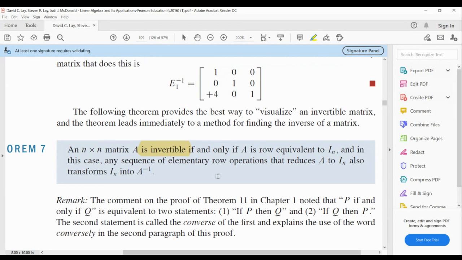I'm just going to look at the book a little bit, and that's fine. But let me bring that up. One moment.